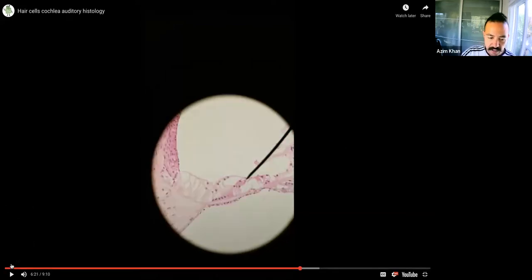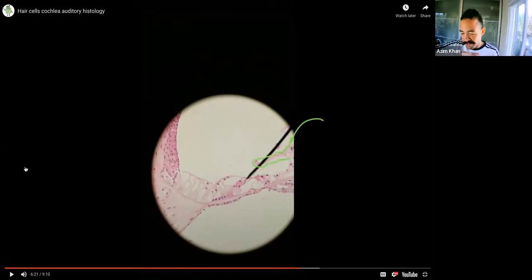It's kind of hidden, but what we can see here, this extension, it's a little bit curled up, and that's just an artifact, because when we cut this, not everything's going to stay fully intact.